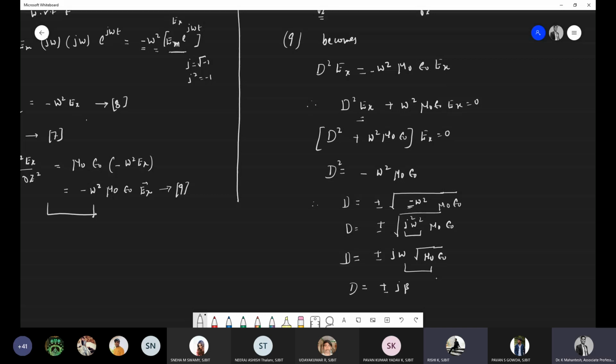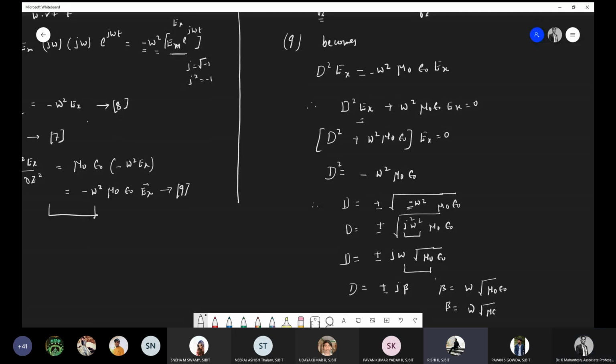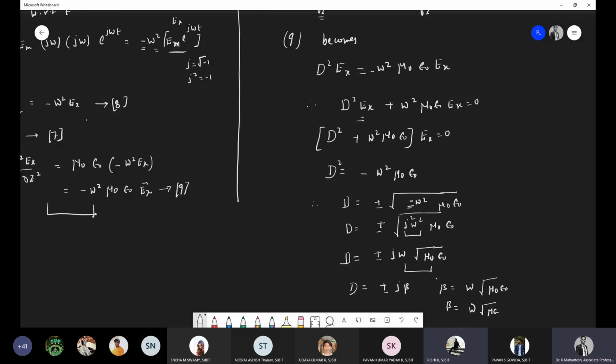Beta is the phase shift constant in radian per meter, where beta is equal to omega square root of mu naught epsilon naught for air as a medium. In general, beta is equal to omega square root of mu epsilon, and this is called the phase shift constant.